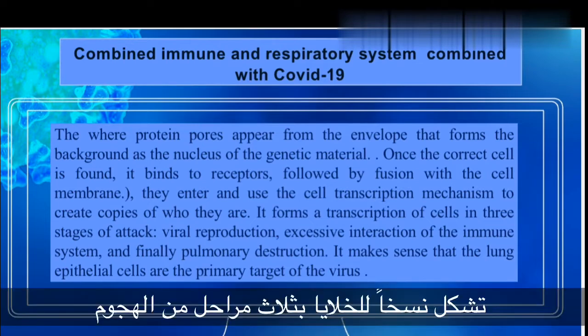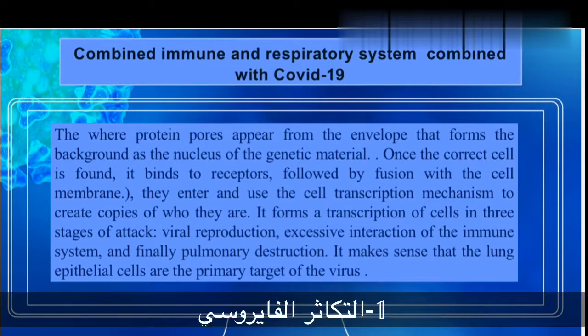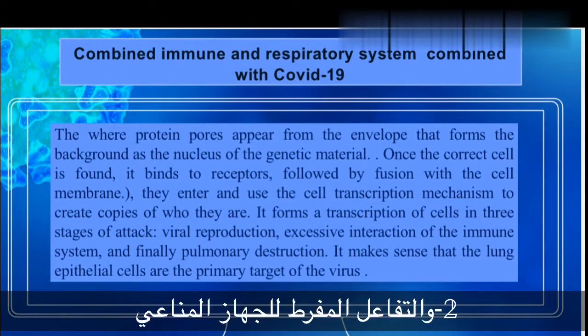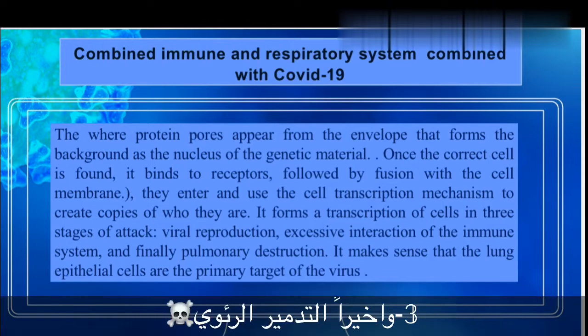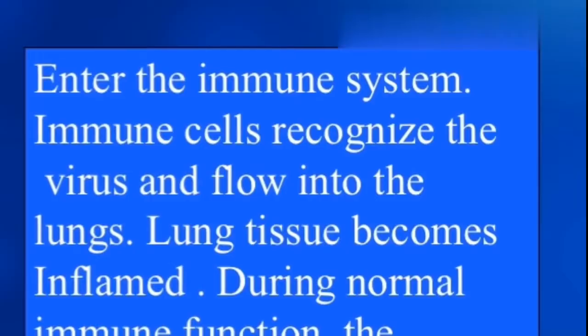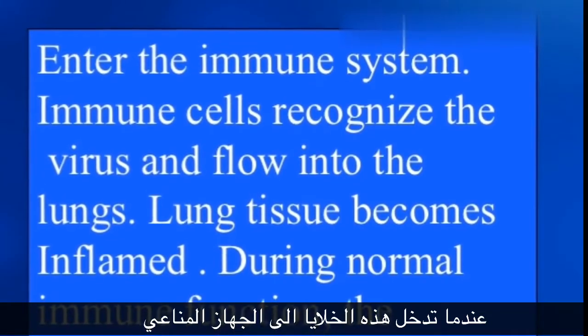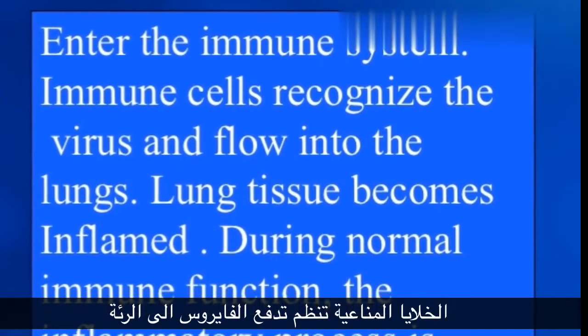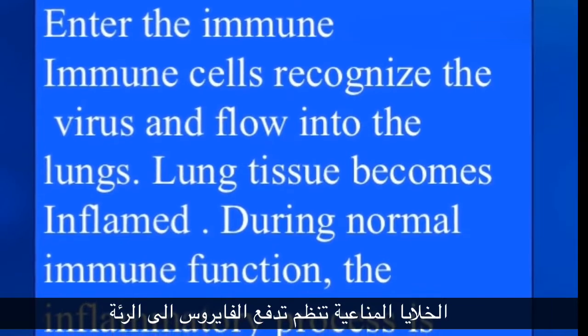It forms a transcription of the cell in 3 stages of attack: viral replication, excessive interaction of the immune system, and finally pulmonary destruction. Entering this cell, the immune system recognizes the virus and flows to the lung.